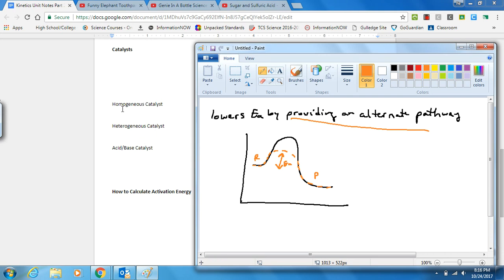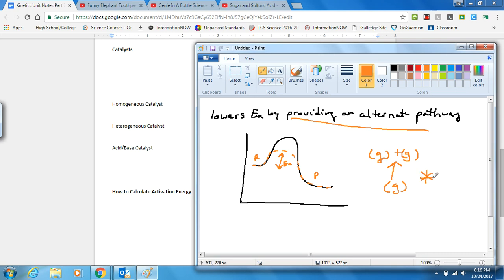We have a couple of different types of catalysts: a homogeneous catalyst, a heterogeneous catalyst, and an acid-base catalyst. A homogeneous catalyst is simply one where the catalyst is the same state of matter as my reactants. Say, for instance, we have some reactants that are gases, so a gas plus another gas. If I add a catalyst there that is also a gas, that would be a homogeneous catalyst.